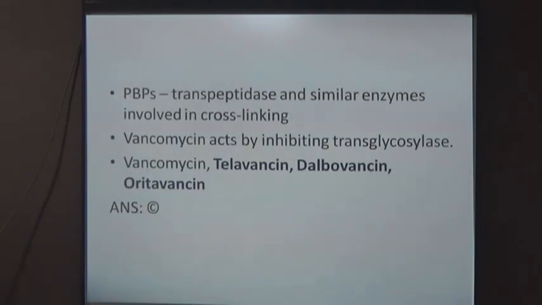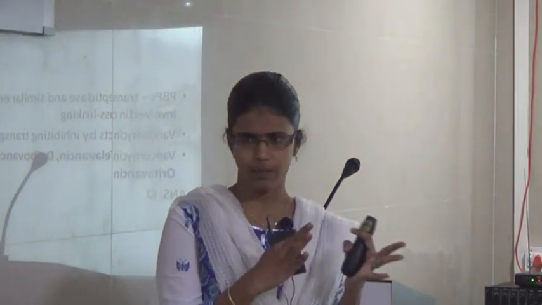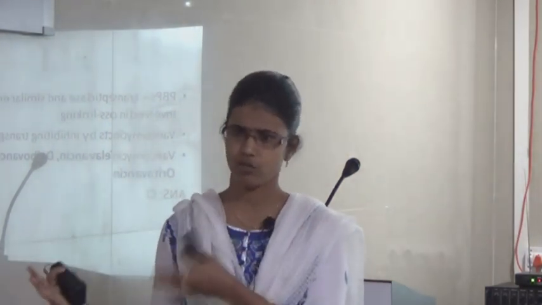Actually, for imipenem there is a resistance. But vancomycin is a very newer one. It is effective even against resistant streptococcus, penicillin resistant streptococcus, MRSA, VRSA, VRE. So vancomycin is effective against MRSA, which means there is no resistance. So the answer is C.